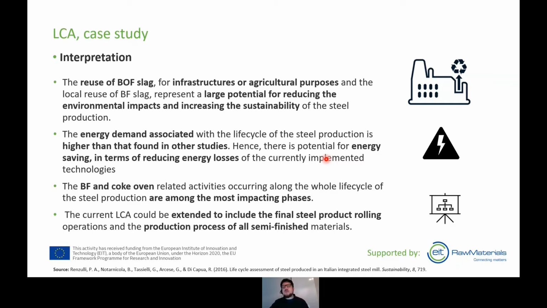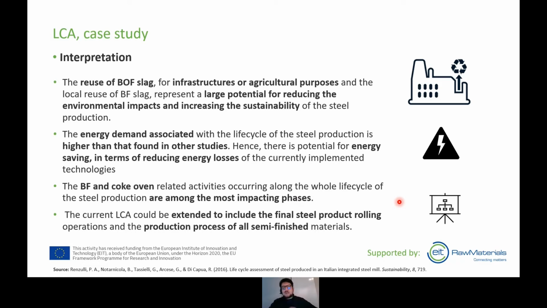So there's something where they are facing losses, or they need to save energy in order to be at least similar to the other steel industries in the market. The other point that I mentioned before is that the blast furnace and the coke oven have the highest impact in all the categories that were analyzed.